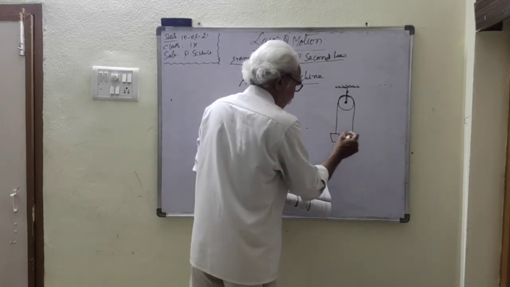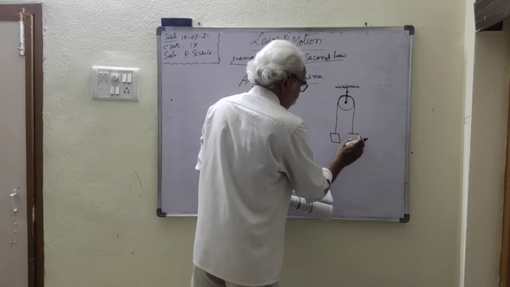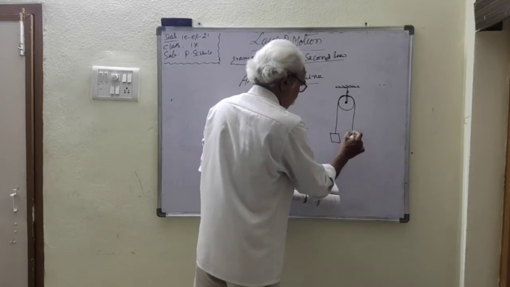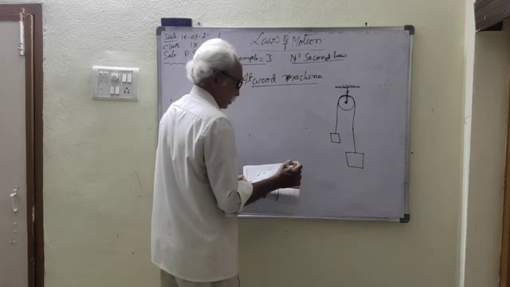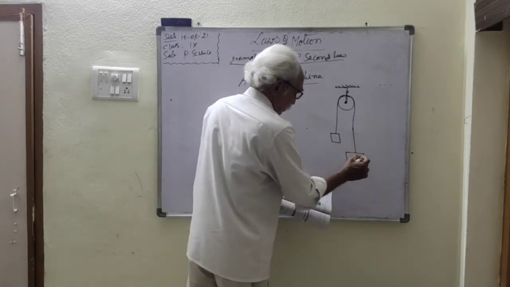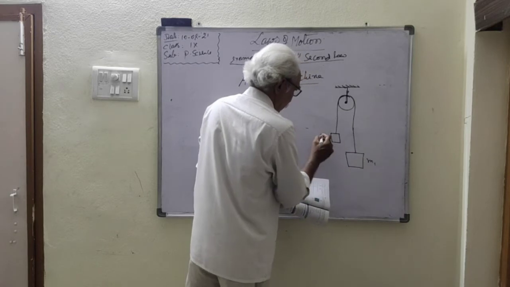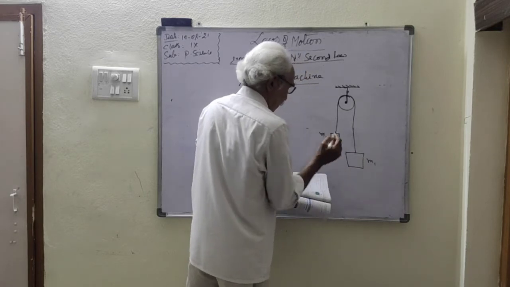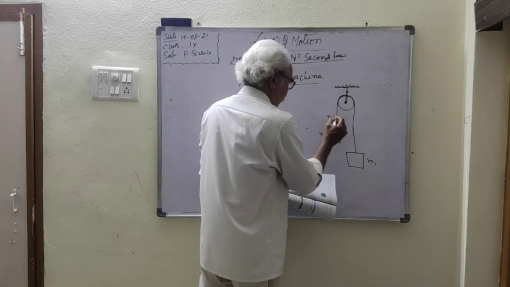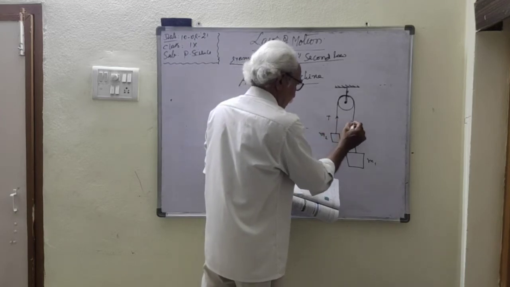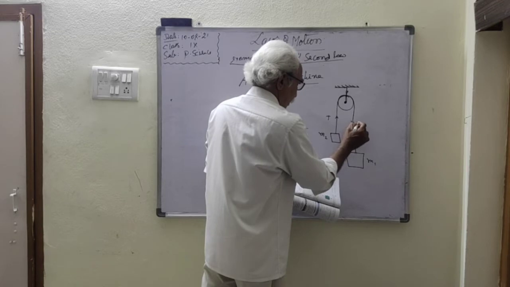The string is suspended with two weights. This one is M1, and here is M2. These are the two masses. Here the tension is acting in the upward direction, and the tension is acting in the downward direction.